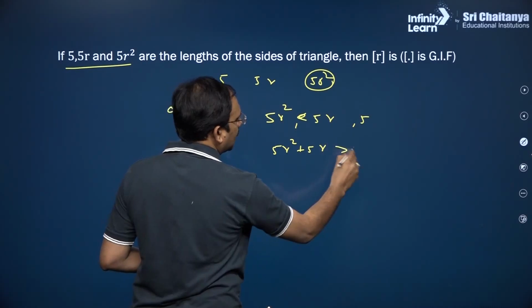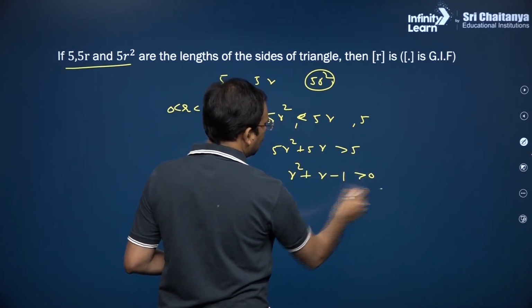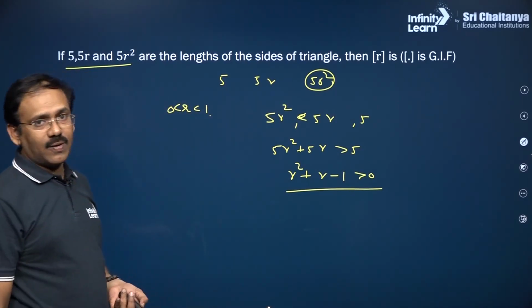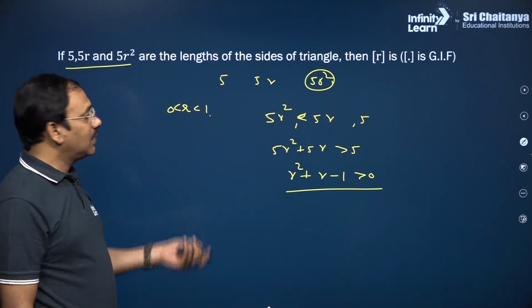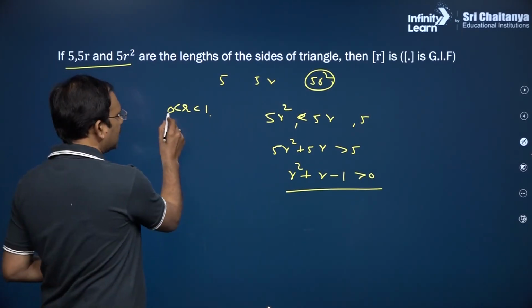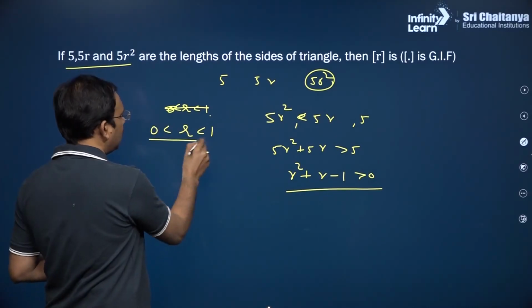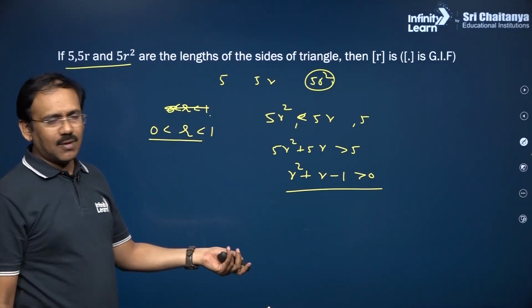If it is true, in the other case it will always be true, R square plus R minus 1 greater than 0. You just find the range of R, my dear friends, when R is less than 1. I am just checking the R less than 1 case. Of course, R must be positive, it is possible you will get some R.